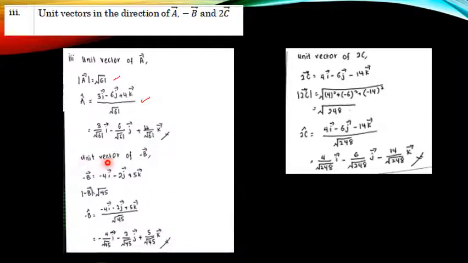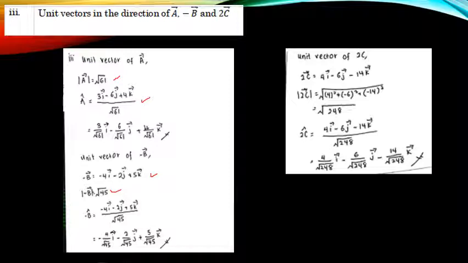For the unit vector of negative B, the first step is to negate vector B. Vector B was given just now, so the vector is multiplied with negative, and then we find the magnitude.